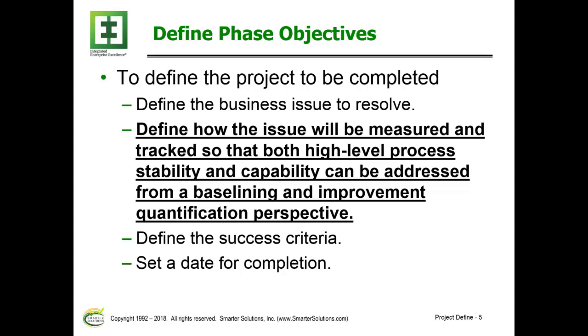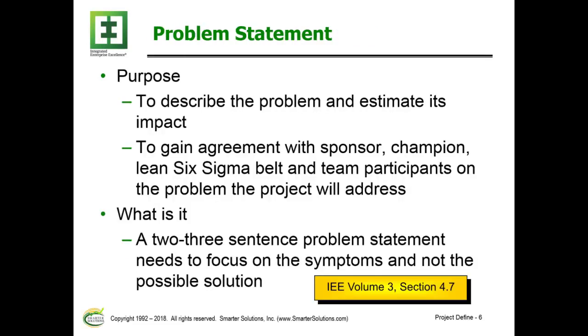If this is not included, how does management know the benefits of what we've really done through the execution of this project? So this is a very important piece of the define phase. The details of how to actually report that will be covered later.